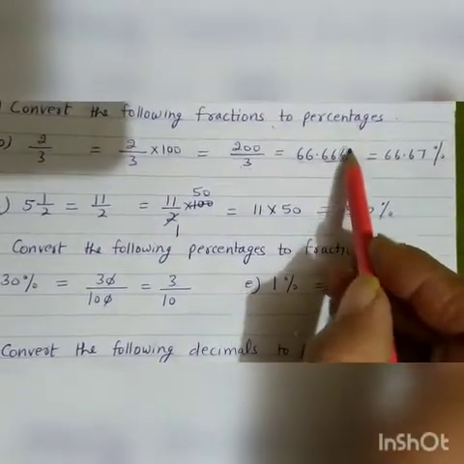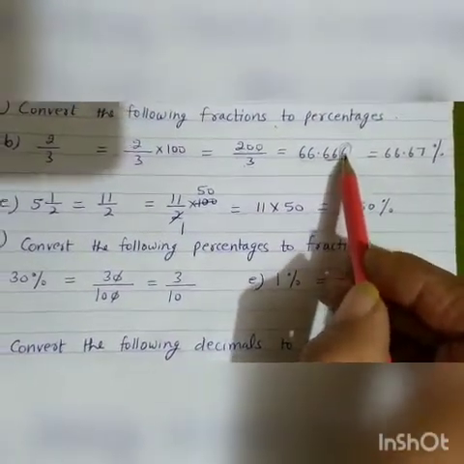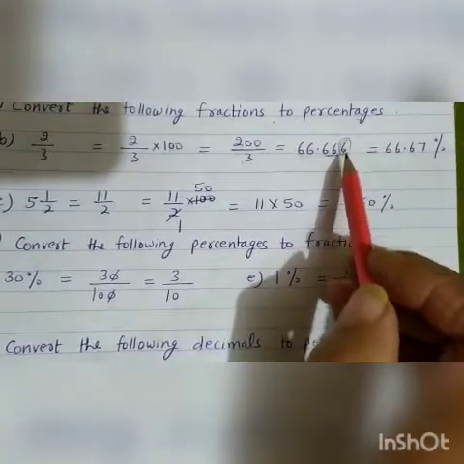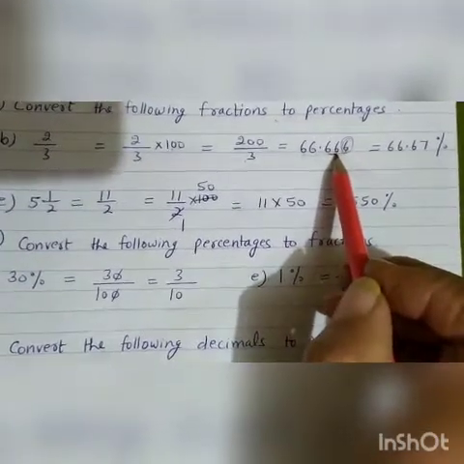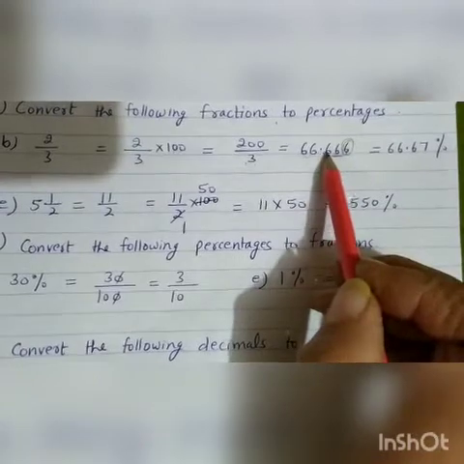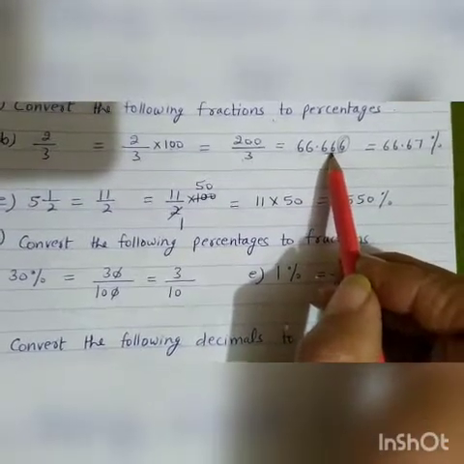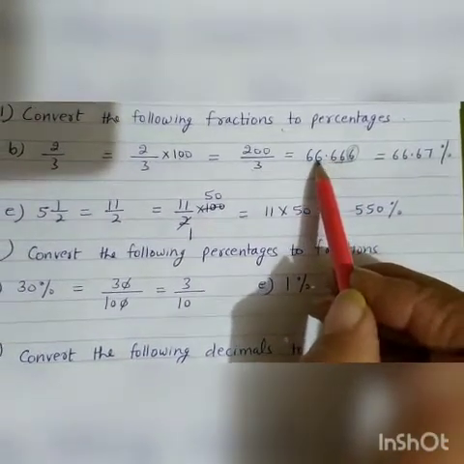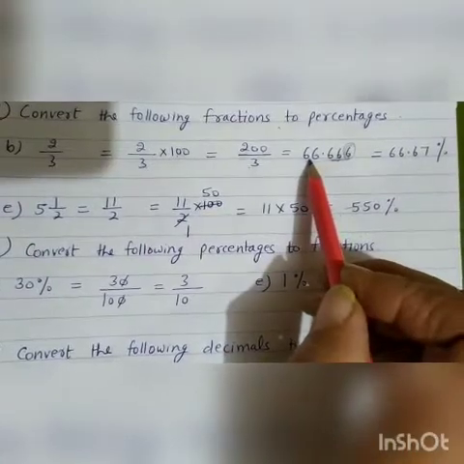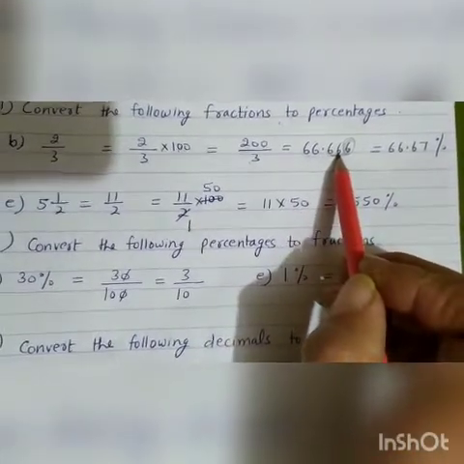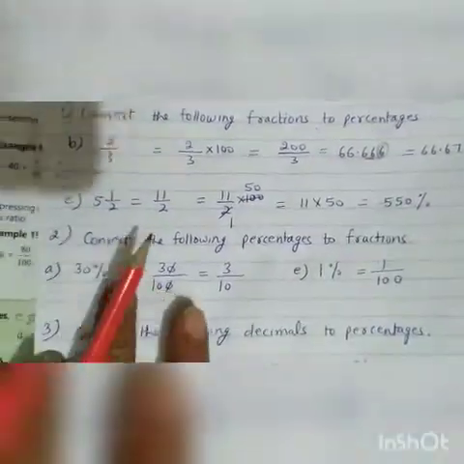Because this third digit 6 is greater than 5, we will neglect this digit and add 0.01 in the previous digit. So it will become 66.67.